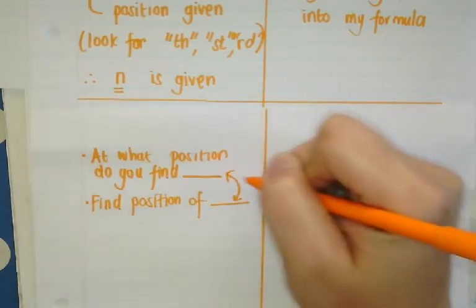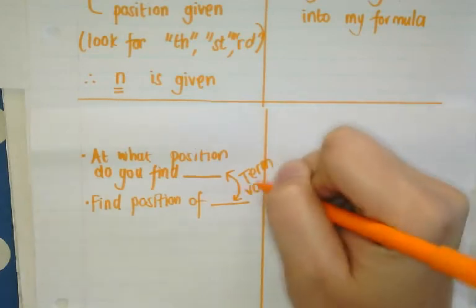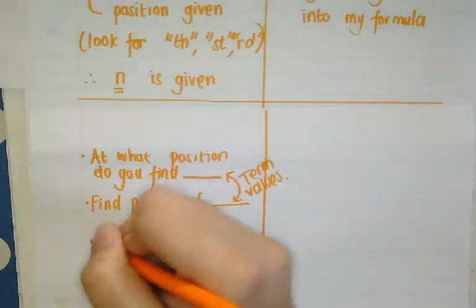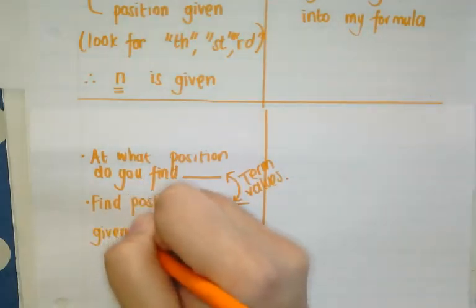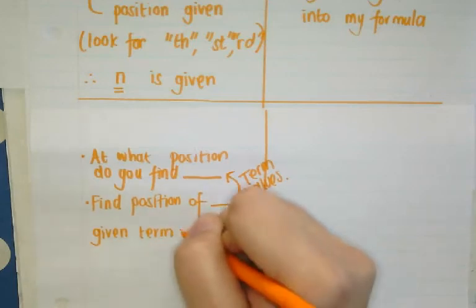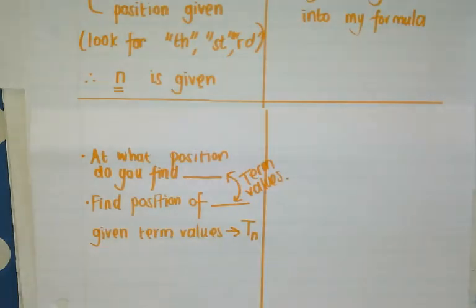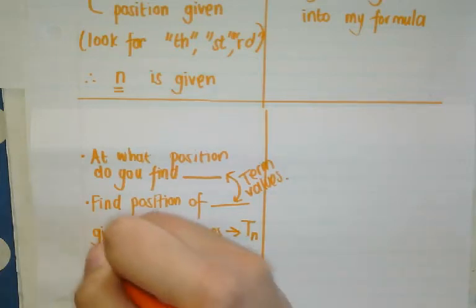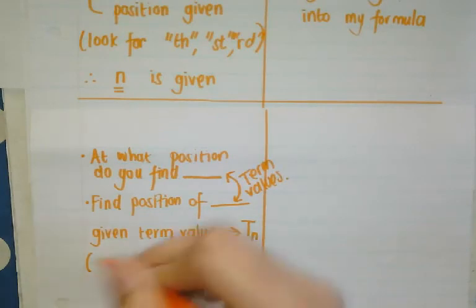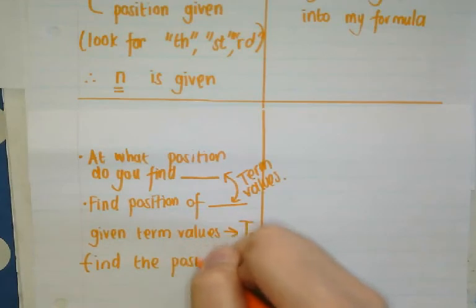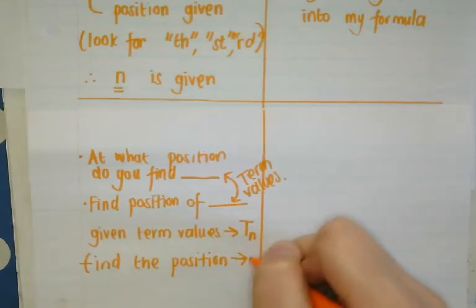So they're giving you term values. Given term values, which is your Tn, your Tn gets cut and the number gets pasted. So that means we need to find the position, which is your n.